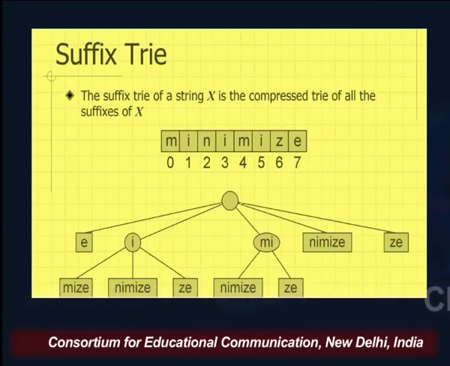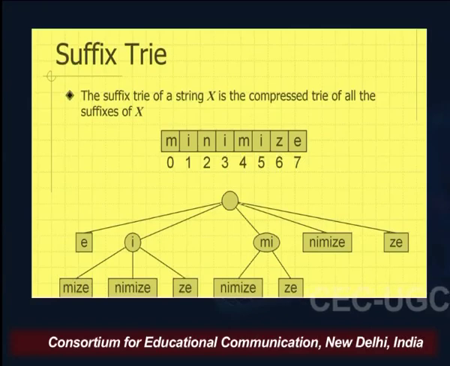One suffix could be E, another ZE, then IZE, then MIZE, IMIZE, NIMIZE, and so on.